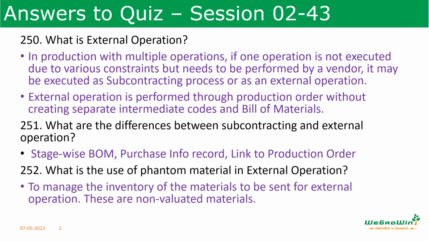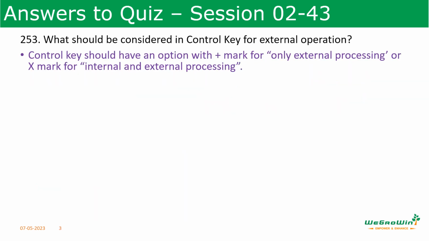What is the use of phantom material in external operation? Phantom material is used to manage the inventory of materials to be sent for external operation. These are non-valuated materials. What should be considered while configuring the control key for external operation?